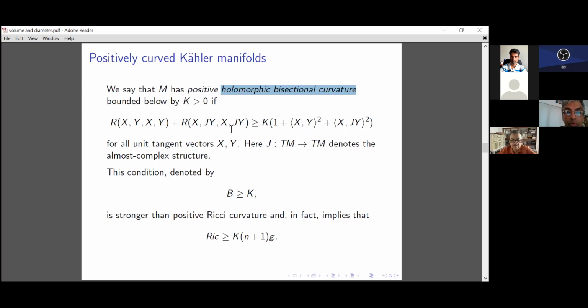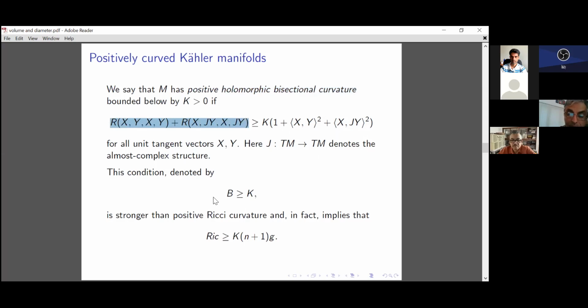So the sum of two specified sectional curvatures is bigger than K. This is just some normalization constant, the inner product stuff. J is the almost complex structure. So, as I said, this is like the sum of two sectional curvatures being greater than something.